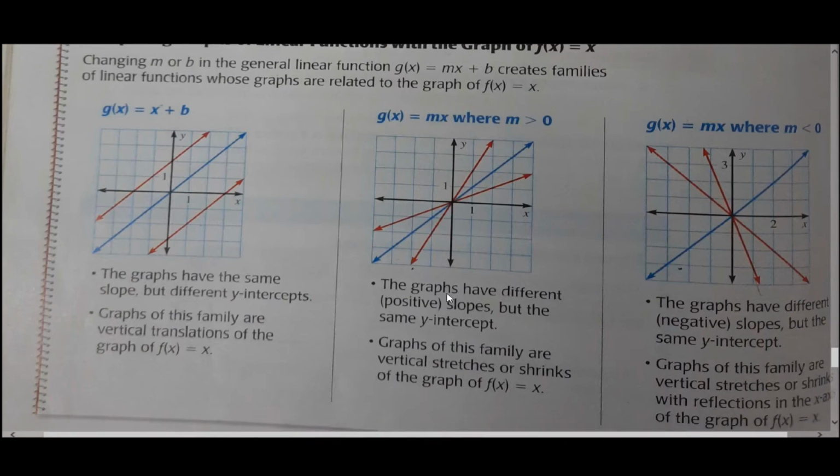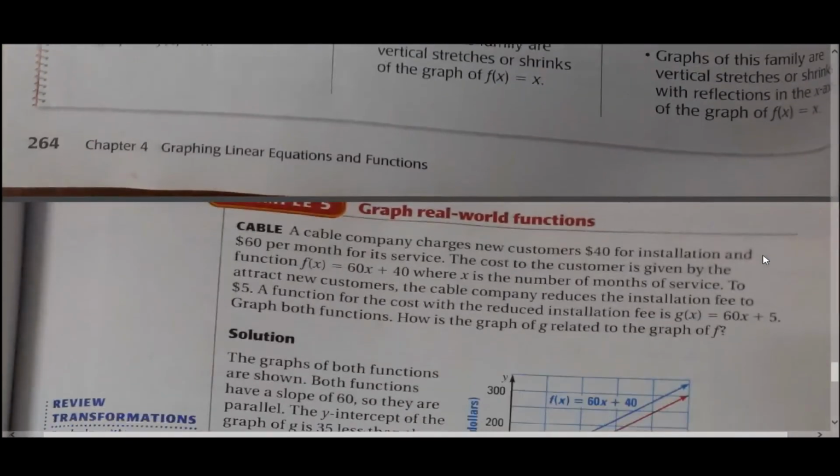So graphs have different positive slopes, but the same y-intercept. Graph families are vertical stretches or shrinks. Okay, right? If the slope goes higher like this, red, it is a stretch. If it goes lower, it is a shrink. Okay, this is called a reflection. And then if it's different slopes, it stretches or shrinks.